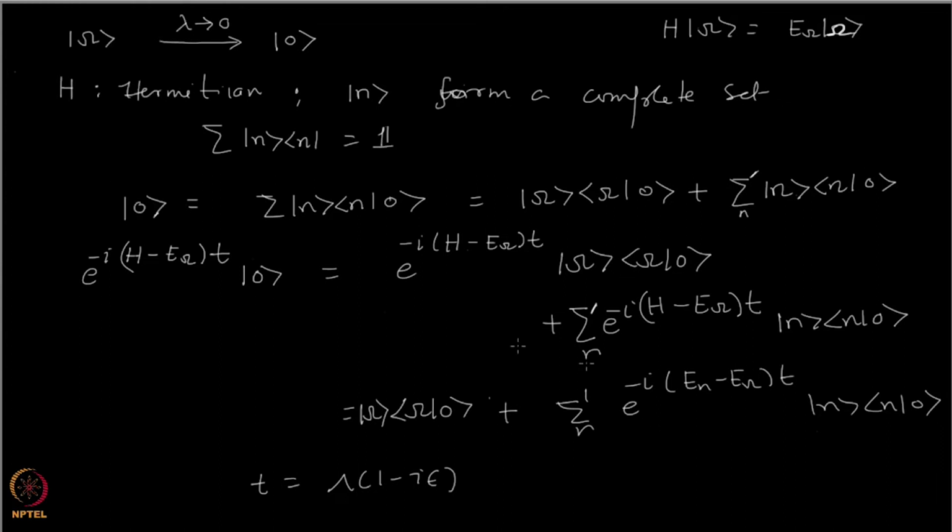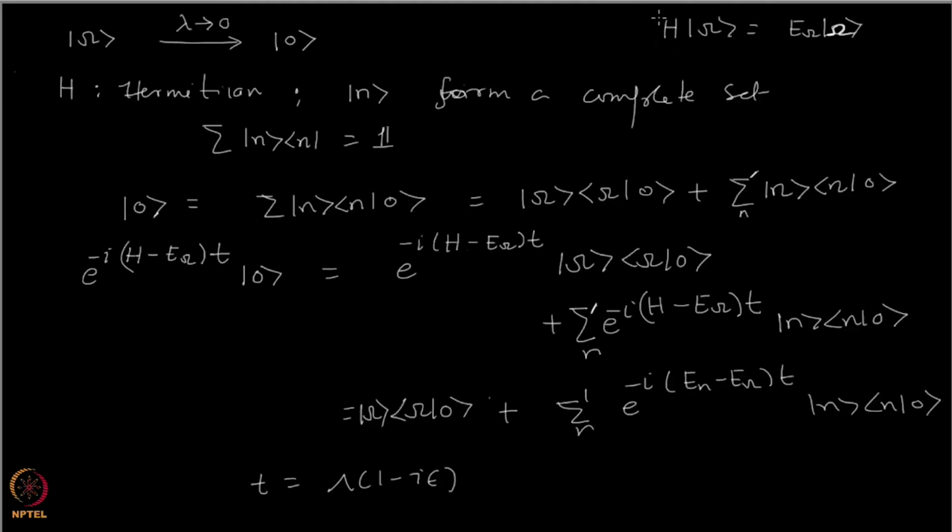I'll go to the next page. So we have e to the minus i (En minus E omega) t and then ket 0, then you have the summation over n prime. Let's go back and check this is correct.